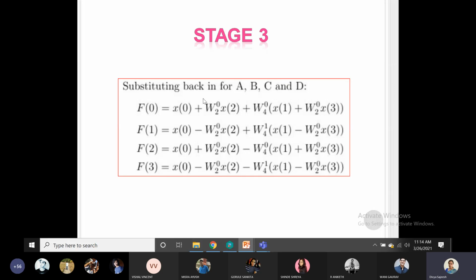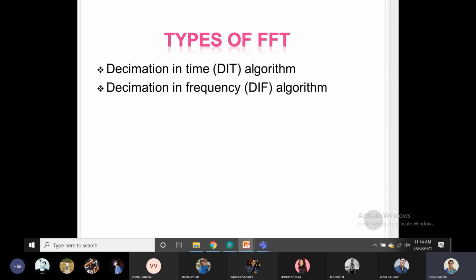The first stage element, this is your input of the first stage x of 0, then W2 raised to 0, output of that, then output of the second stage, then the input to the third stage. So this is how your final equations come. So we will solve a numerical, so things will be more clear.